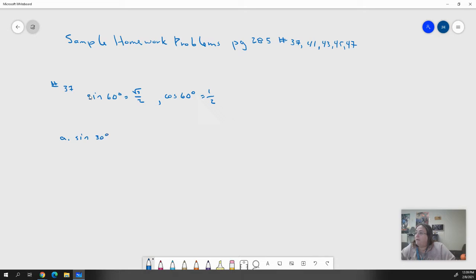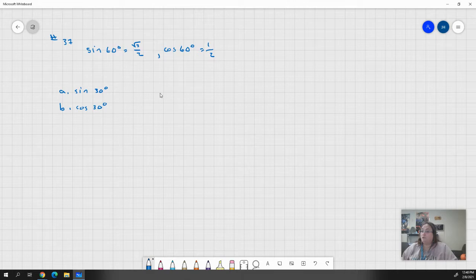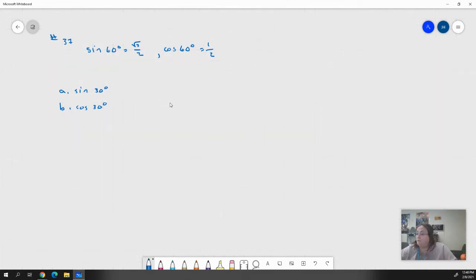So we'll start with that. And then it wants B, which is cosine of 30 degrees. We're supposed to use our trig identities, which you're given in class, to find these.